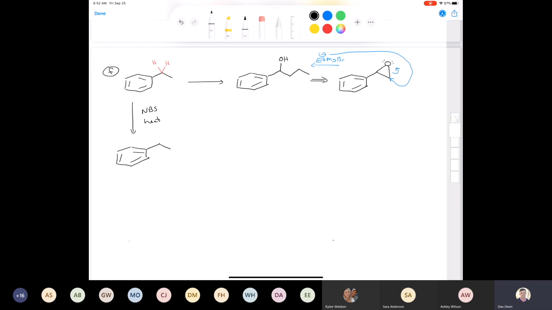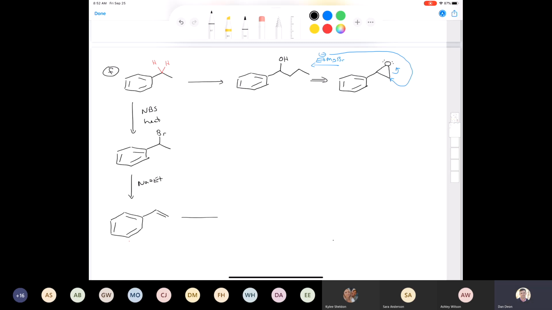So we end up with this guy, like that. Remember that's secondary, so you could treat it with t-butoxide. You get exclusively E2. You could treat it with sodium methoxide. That will work too. Let's just write sodium methoxide. And then you're going to end up with what molecule? Styrene. Okay, everybody loves styrene. There you go. You have styrene.